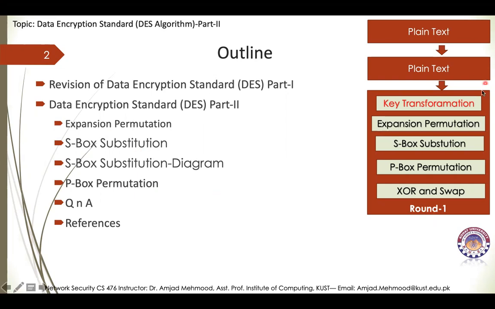So you can see here that as we have discussed plain text and then key transformation, now today we'll be discussing expansion permutation, S-box substitution, and then we will be explaining S-box substitution with the help of a diagram to show how it works, and P-box permutation.